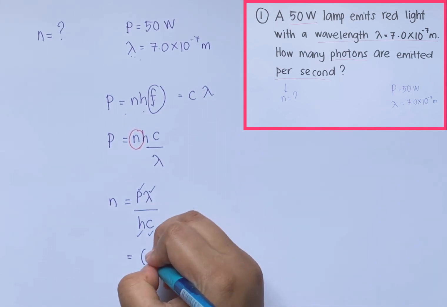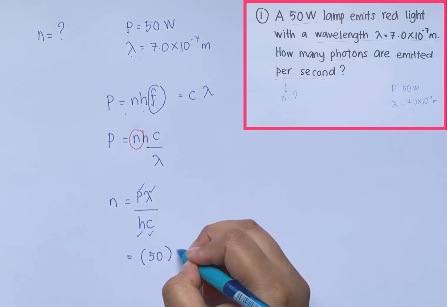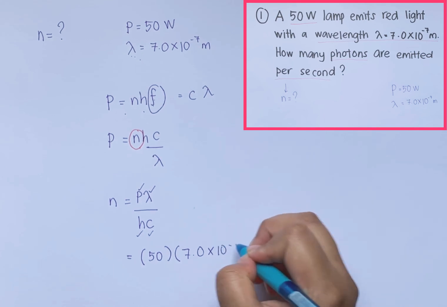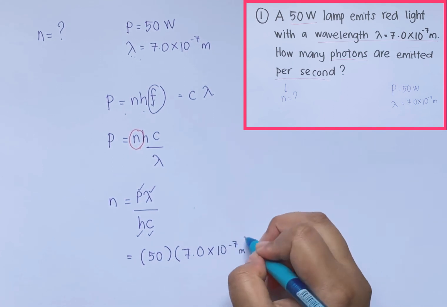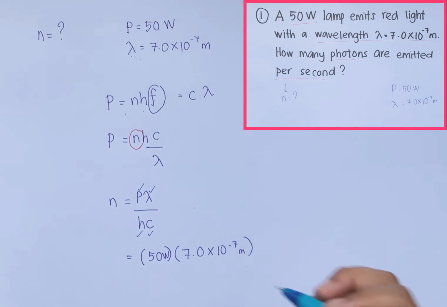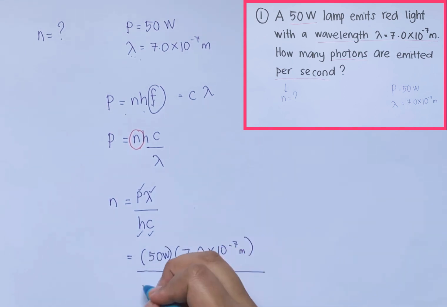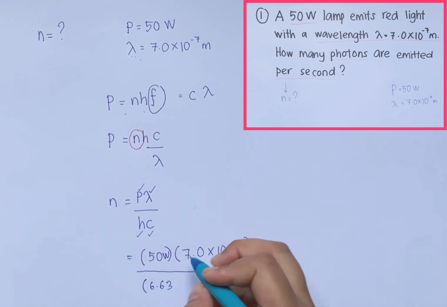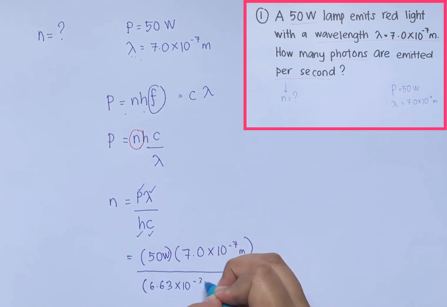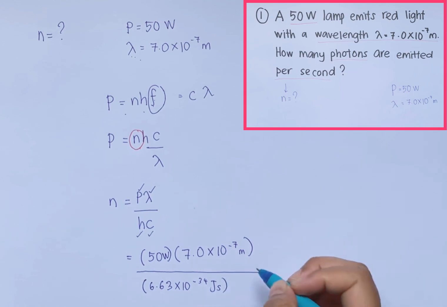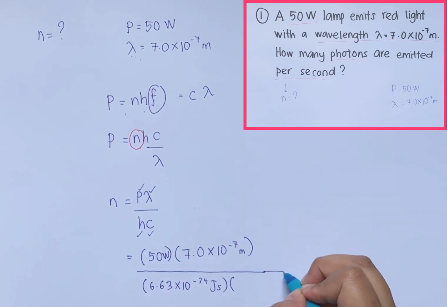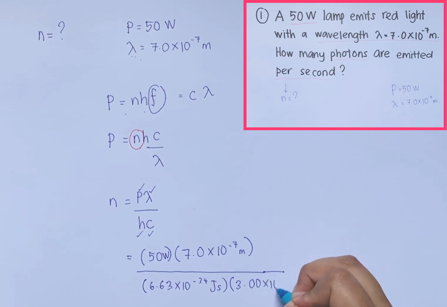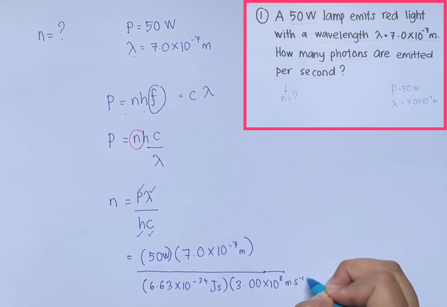P is equal to 50, lambda is 7.0 times 10 to the power of -7 meter. I'm sorry, I'm going to put the units. Over H, the Planck constant, which is 6.63 times 10 to the power of -34 joule seconds, and then C, the speed of light in vacuum, which is 3.00 times 10 to the power of 8 meter per second.